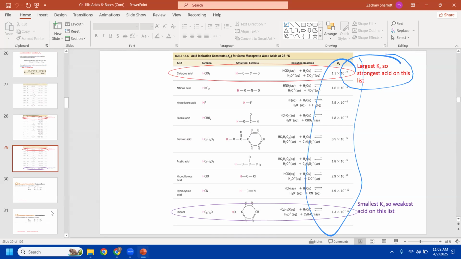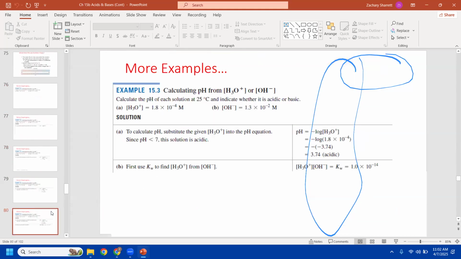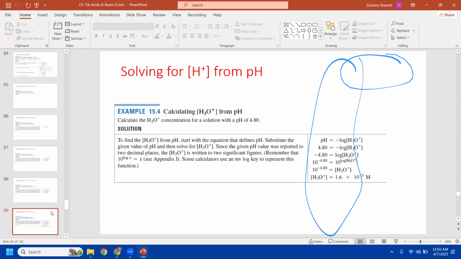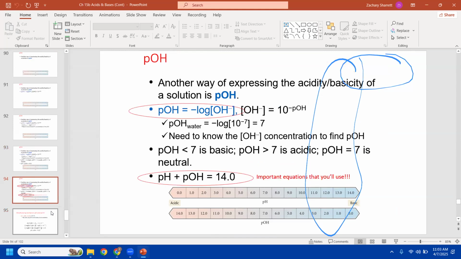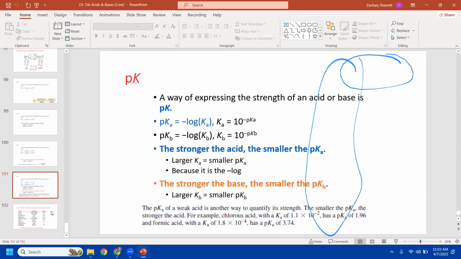So what we learned is that in chemistry they take all of those Ka values, and just like a pH is the negative log of H plus, or a pOH is the negative log of OH minus, a pKa is simply the negative log of the Ka values. That told us that when something has a larger Ka, it has a lower pKa. So the stronger the acid, the smaller the pKa.